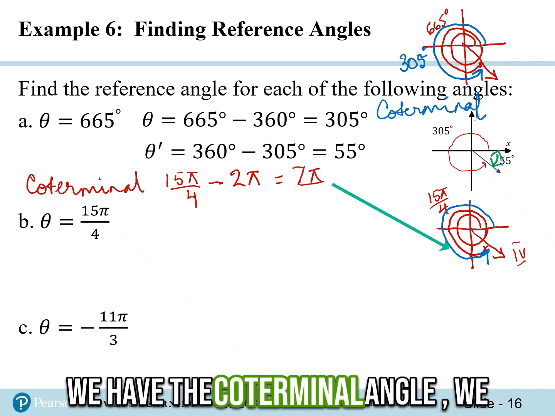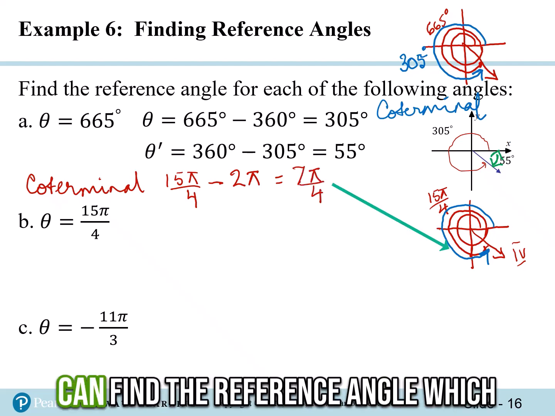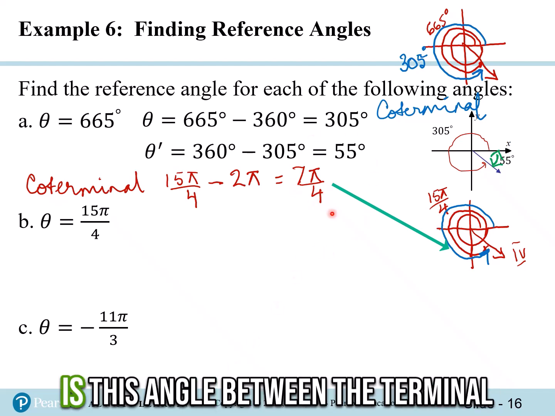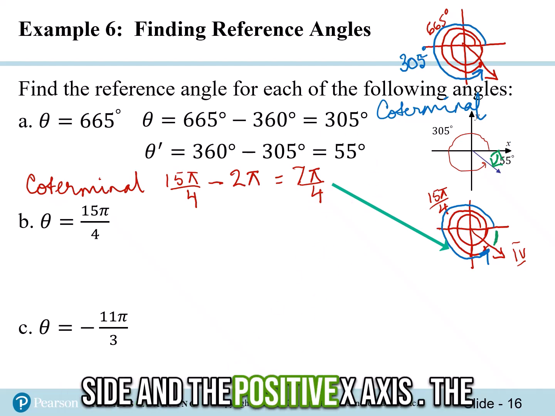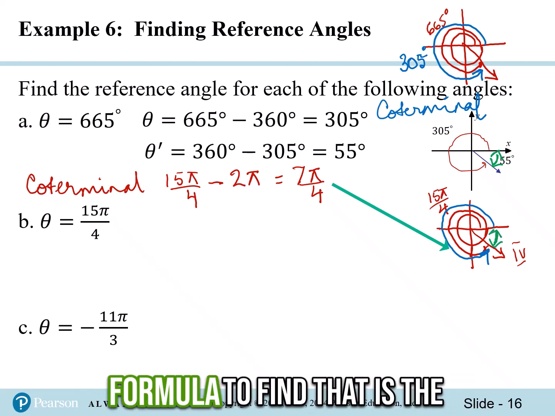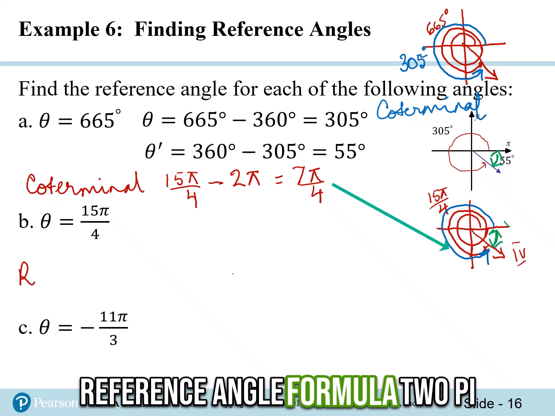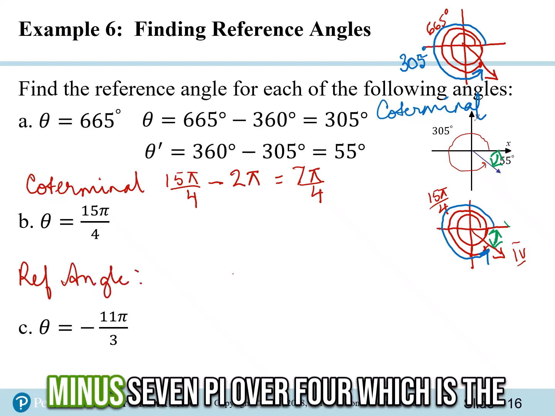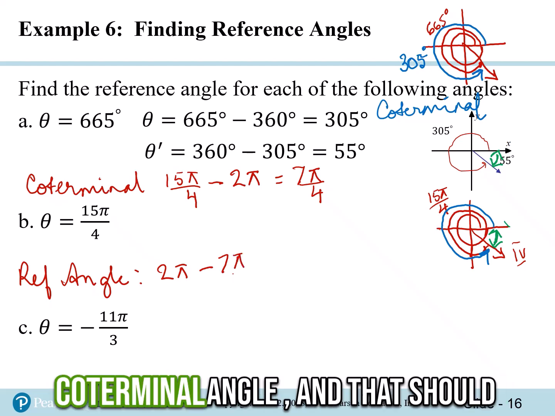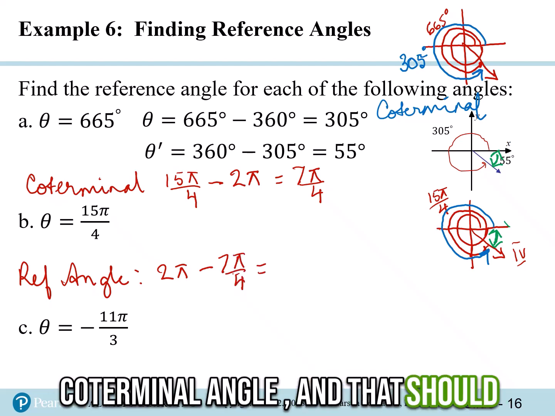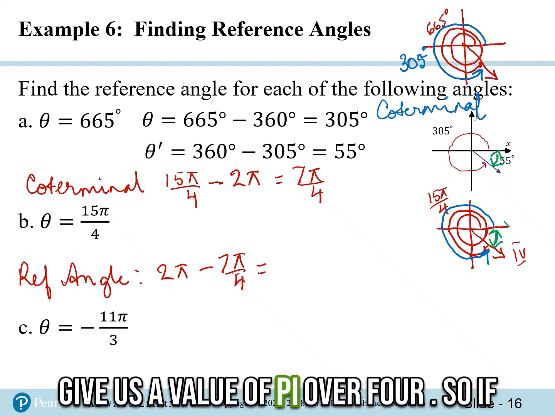Once we have the coterminal angle, we can find the reference angle, which is this angle between the terminal side and the positive x-axis. The formula to find that is the reference angle formula, 2 pi minus 7 pi over 4, which is the coterminal angle, and that should give us a value of pi over 4.